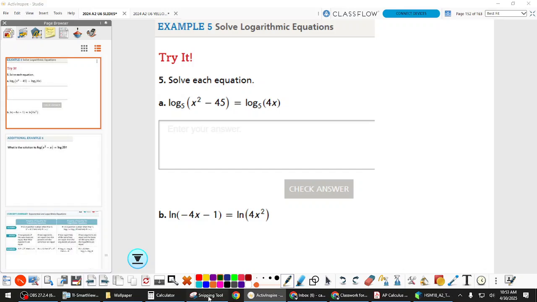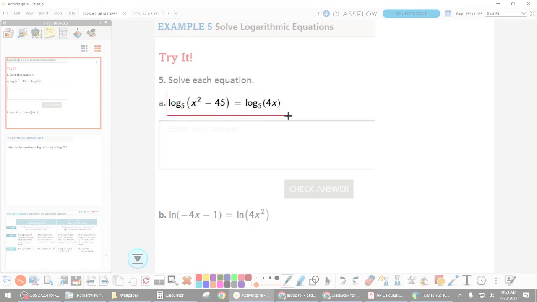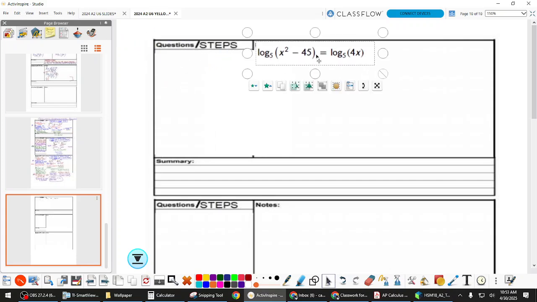Okay, I will give you this heads up though. There is an additional step to solving log equations that you didn't have to take with exponential. Anybody know what I'm talking about?